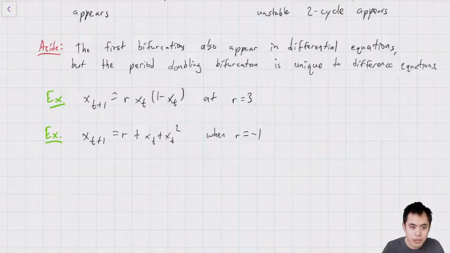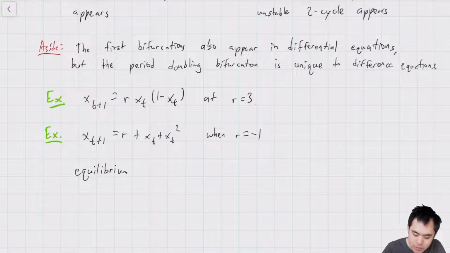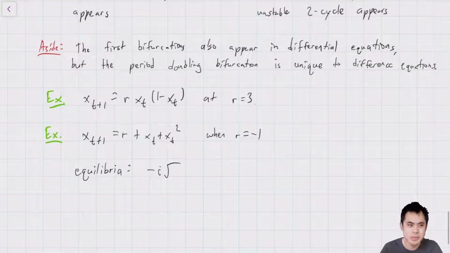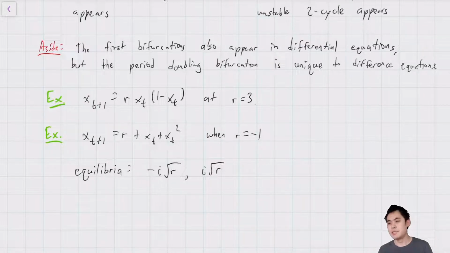I'm not going to do all the computations here, because we've already done some of them and they're a bit tedious. So the equilibria are, I'm going to use imaginary numbers just because saying the square root of a negative number is a bit weird, minus i square root of r, or i square root of r. And when r is negative, this is real.